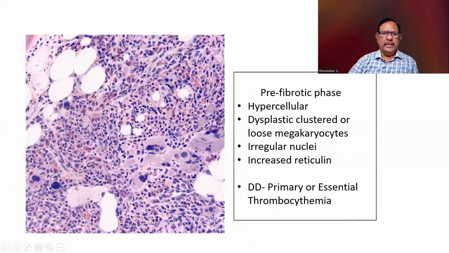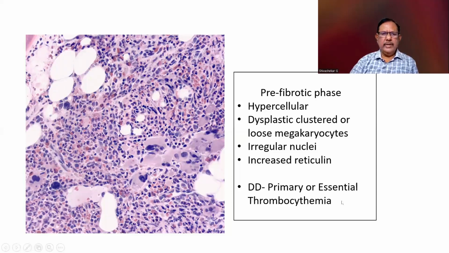This is again a fantastic diagram. Initially, there is a clustering of the megakaryocytes. They do not appear normal. They are highly lobulated. There is a hypercellularity in the marrow. At the same time, I will not fail to appreciate the lines that are going in between the cells, which means there is a fibrosis in the background of cellularity. So dysplastic cells are there, irregular nuclei, and one thing that we should differentiate from is primary essential thrombocythemia, not cytopenia, thrombocythemia.